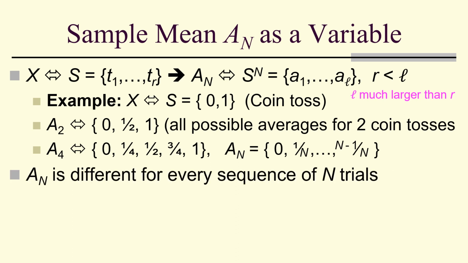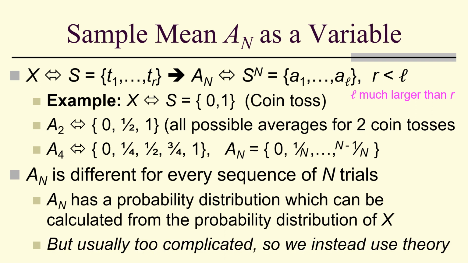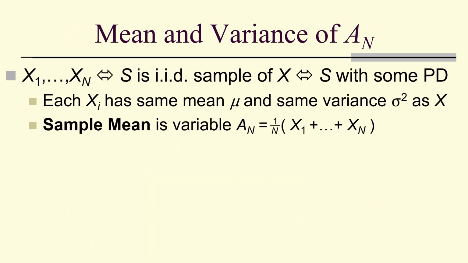So An is different for every sequence of n trials. It has a probability distribution, which can be calculated from the probability distribution of x, but that's usually far too complicated. We like to use theory instead. So we have x1 to xn associated with S. This is an IID sample of x and the same probability distribution for each of the xi's.